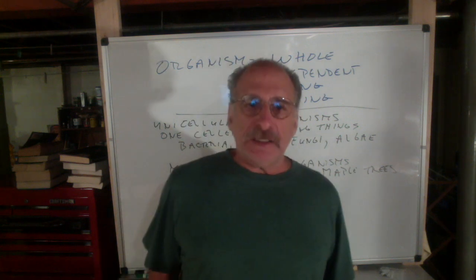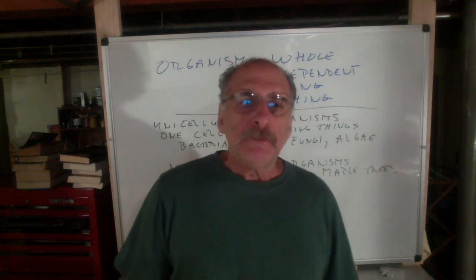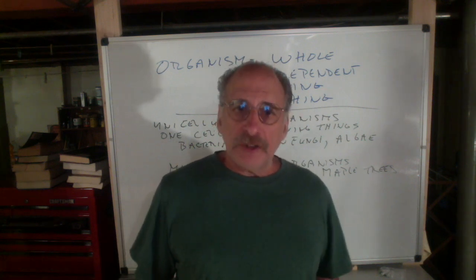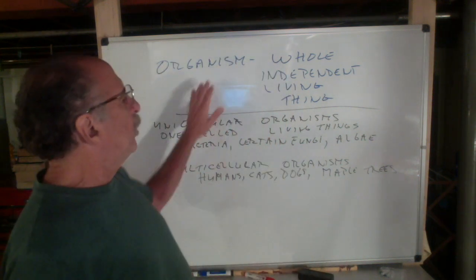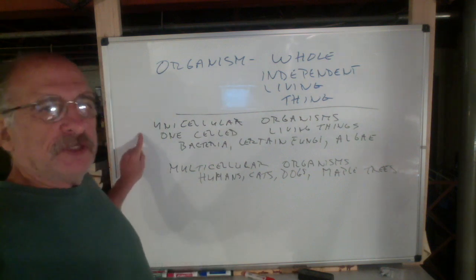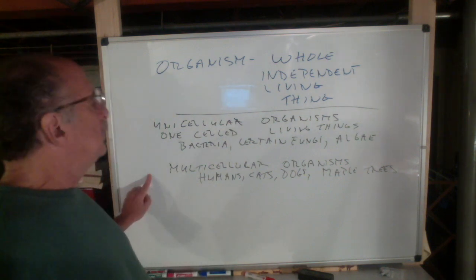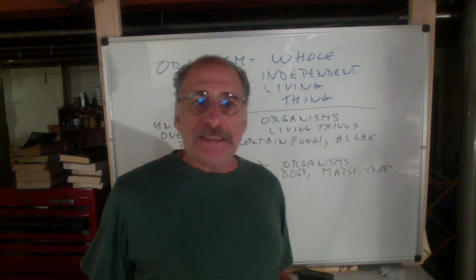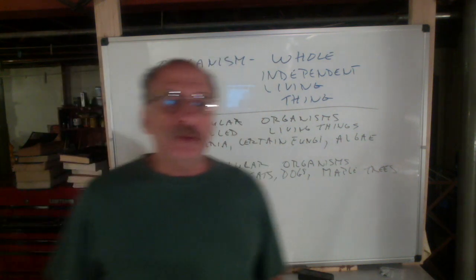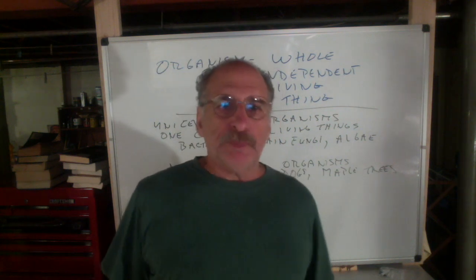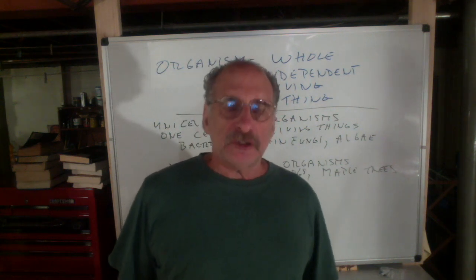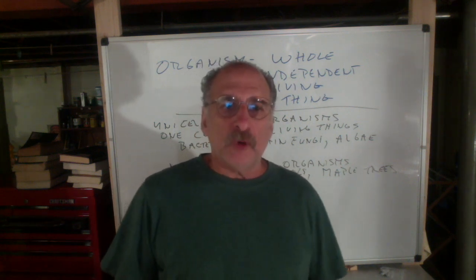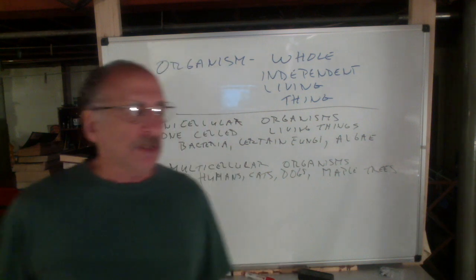But if an organism is a group of organ systems that work together, if that were the definition of an organism, then one of these two categories could not be considered to be an organism. It might exist, the creature might exist, but it wouldn't be considered an organism if the definition for organism were a group of organ systems that work together.